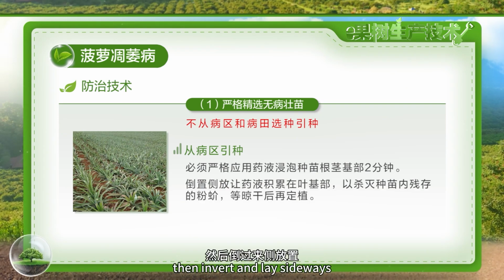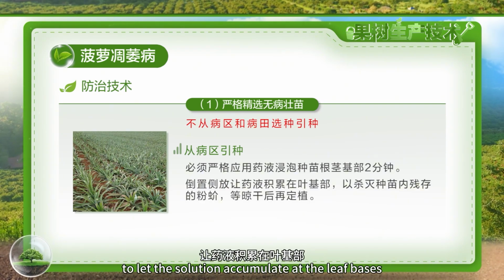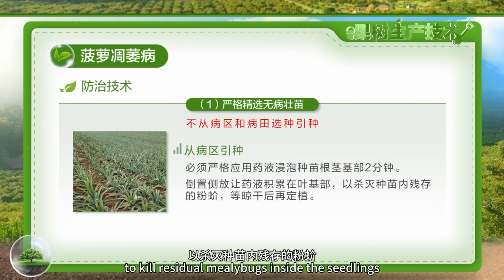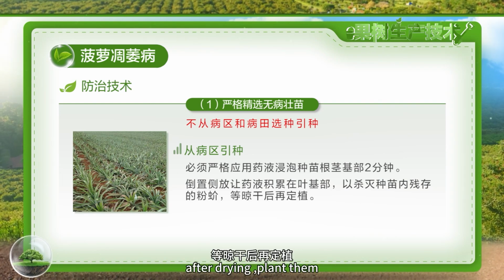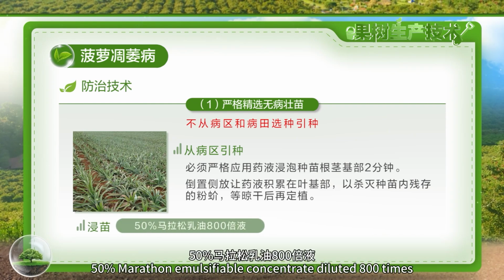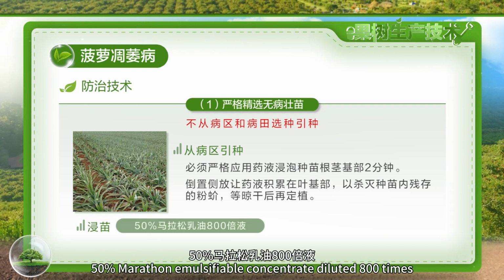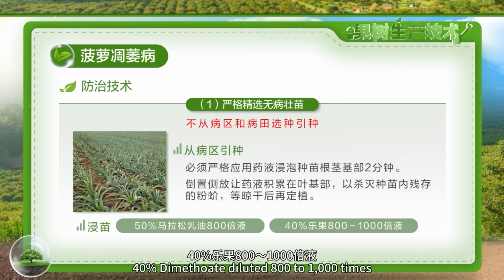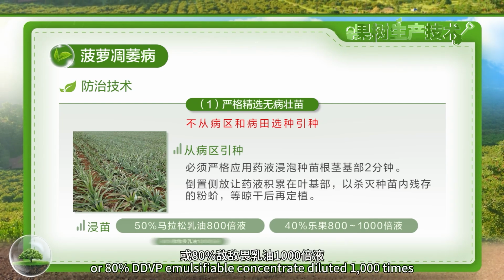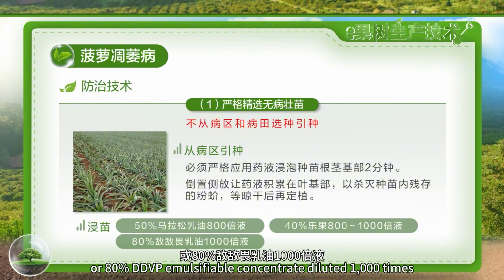Then invert and lay sideways to let the solution accumulate at the leaf bases to kill residual mealybugs inside the seedlings. After drying, plant them. Seedling soaking can use 50% marathon emulsifiable concentrate diluted 800 times, 40% dimethoate diluted 800 to 1000 times, or 80% DDVP emulsifiable concentrate diluted 1000 times.